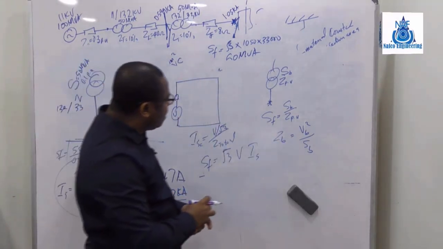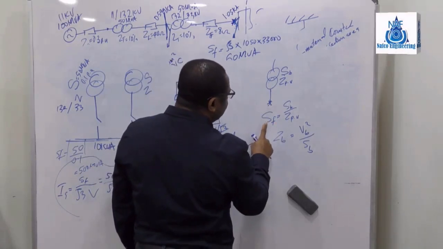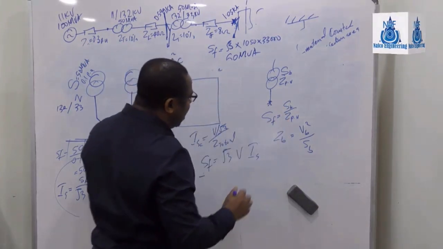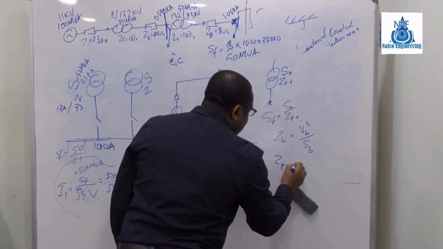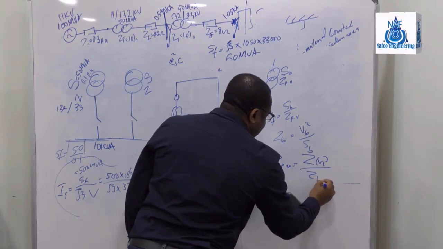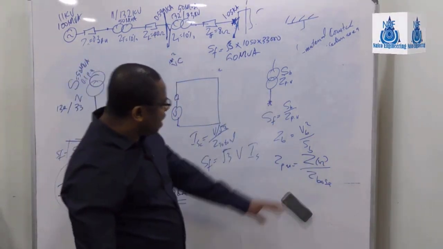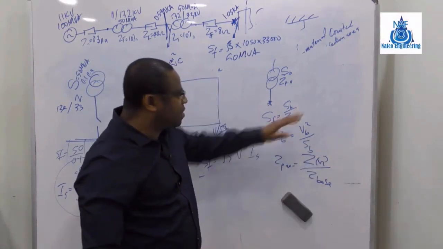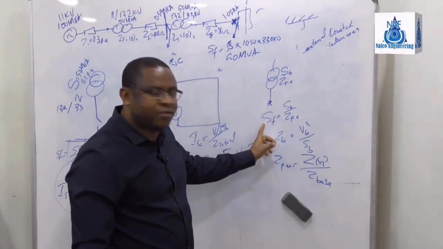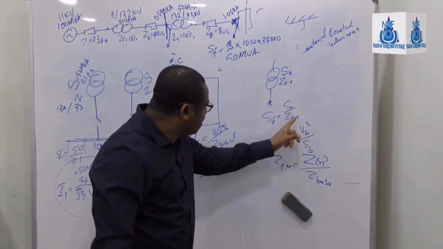Right? And then what again can I put in? Okay, I have S fault is S base divided by Z per unit. And Z per unit is Z in ohms over Z base, like this. All right, so I can take this and put it there. So if I'm able to calculate my fault level, and I know that this is this, so I can take this there.